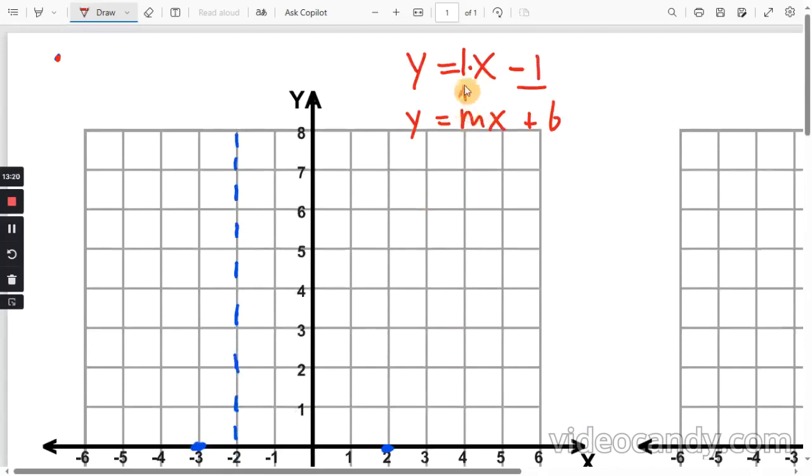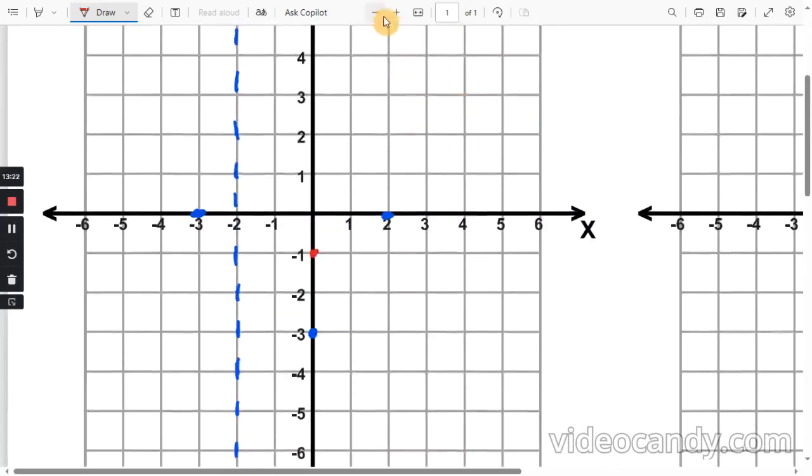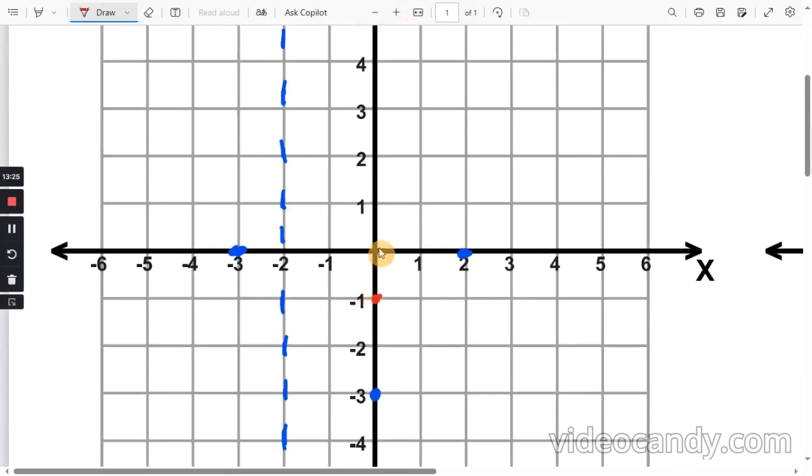So that means up 1, right 1, or you do the reverse. Up 1, right 1, up 1, right 1, or you can go down 1, left 1, down 1, left 1. And we're drawing a dashed line, as always, for the asymptote.